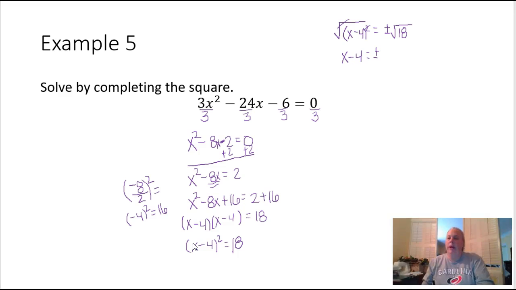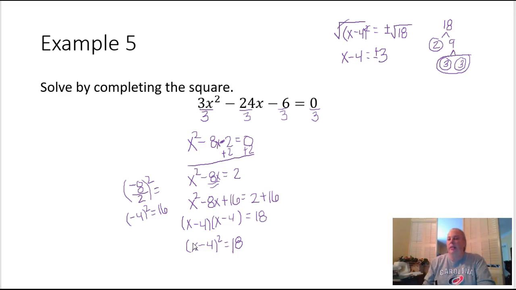18 is not a perfect square, but it does have a perfect square in it. So let's see, 18 is 2 times 9, and then 9 can break down into 3 times 3. And then remember, the square root means I need a pair of something. Here's a pair of 3's.